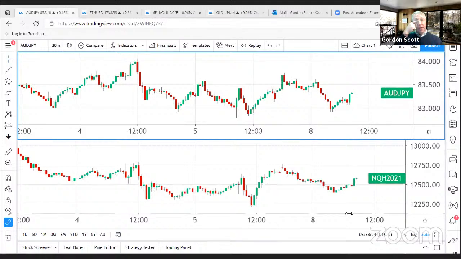Now, here we just know the market feels that way, but where'd we come from? Well, Friday was the non-farm payroll report in the US, and it just blew past expectations, 50% higher than forecast. Large number of jobs.